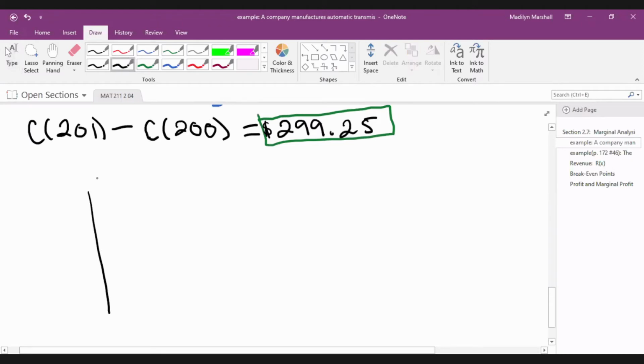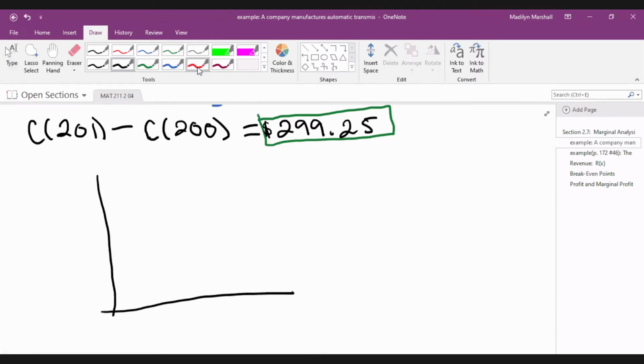This is not going to be totally accurate, but if we were zoomed super close in on that cost function, and I'm sort of exaggerating it here, we're going to start 200 here and 201 here, just for the sake of being zoomed in.